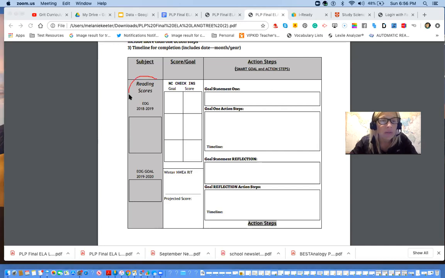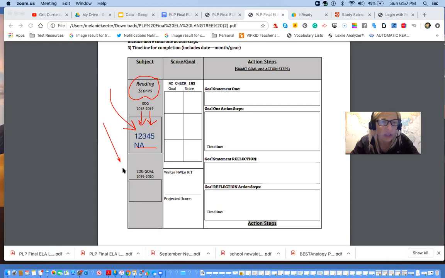So here we have our reading scores, and this will say math on the math PLP. So you are going to put your EOG score from last year in this box. It would either be a 1, 2, 3, 4, or 5 for a number. And if you didn't take it, you can write NA, not applicable. And now is also a really good time to go ahead and make a goal score.